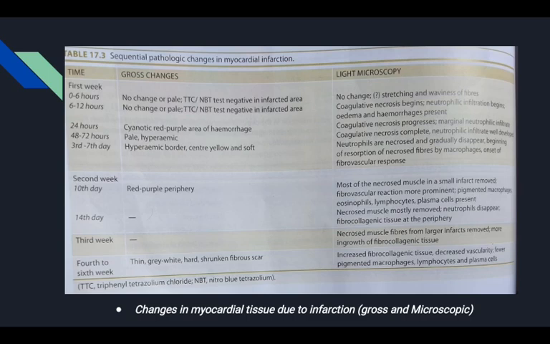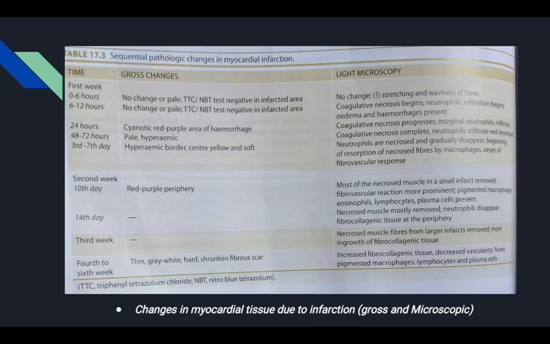In this table, in the first week we can see grossly no change or pale; TTC or NBT test negative in infarcted areas.